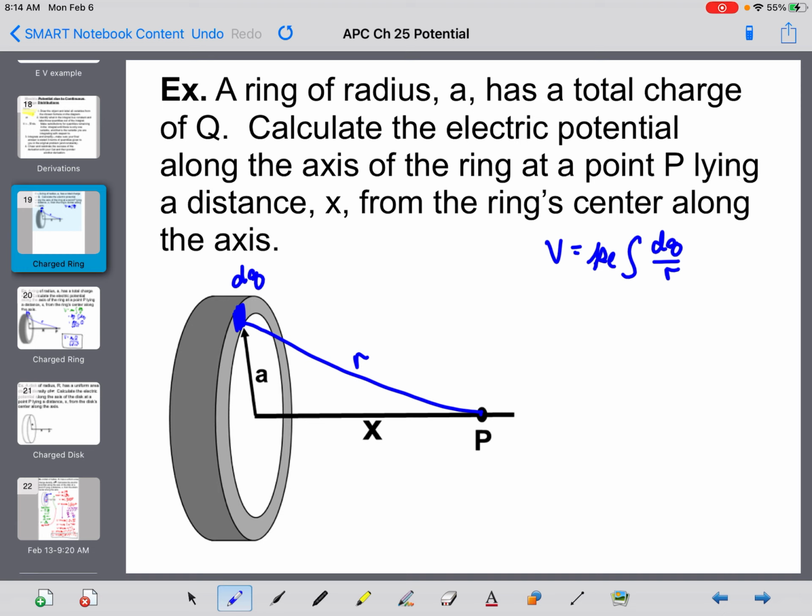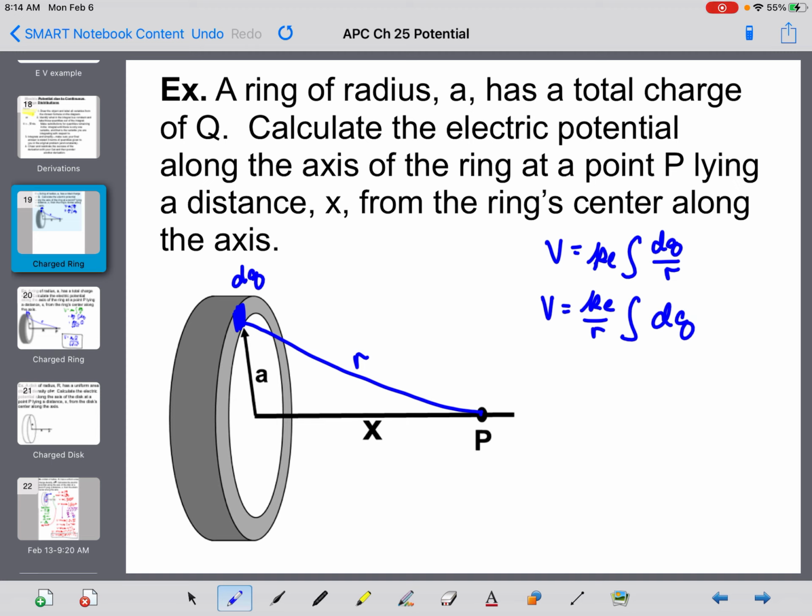Now if I go back to my integral and think about constants, r is the same for every single dq chunk all the way around that ring. So r pulls out, and we're going to get V equals k_e over r integral of dq.